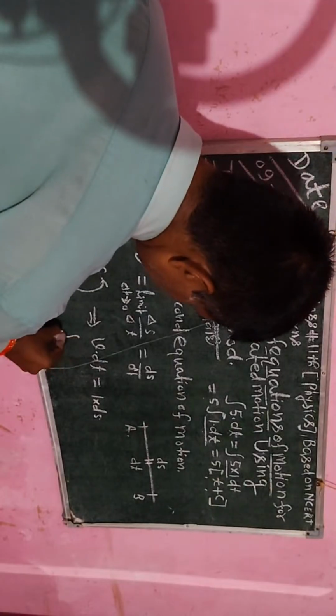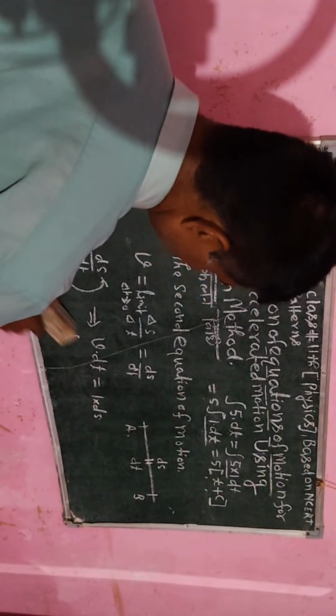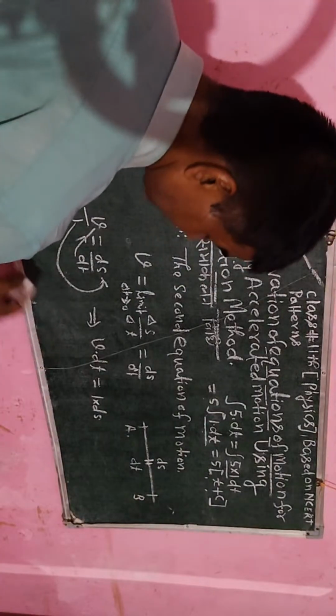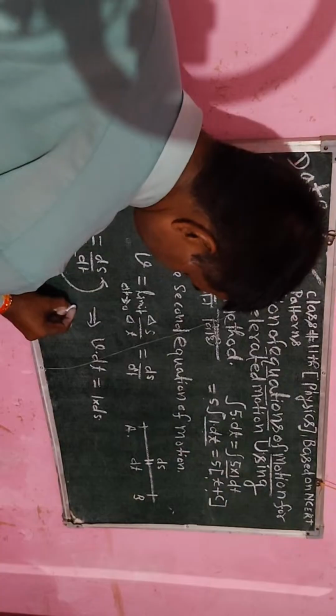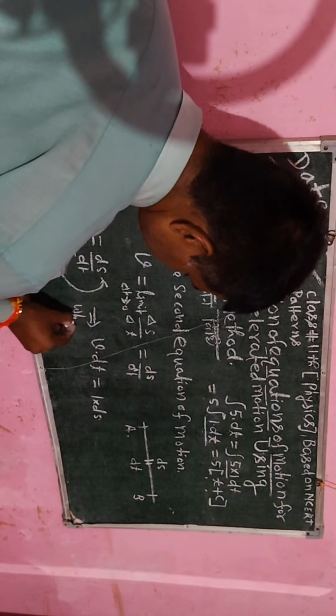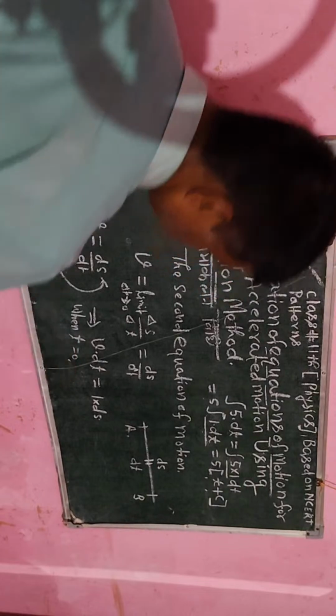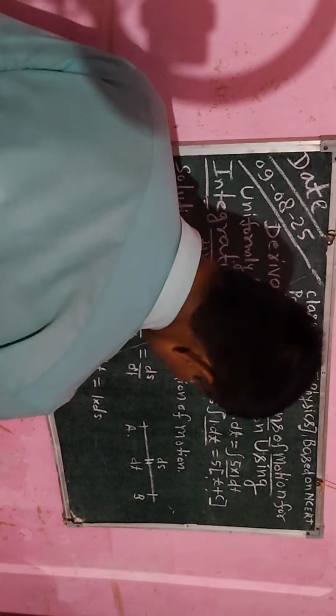So I will integrate here. Before writing the integration, I will write one statement: when t is equal to 0, the displacement will be 0.